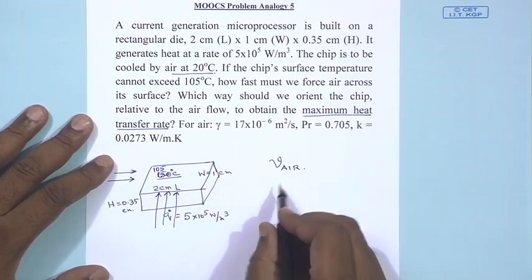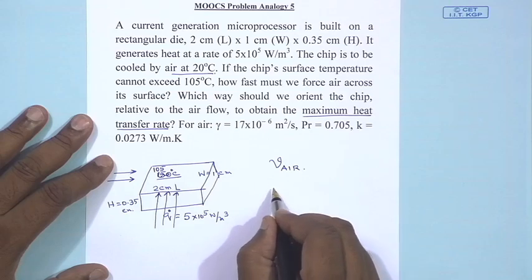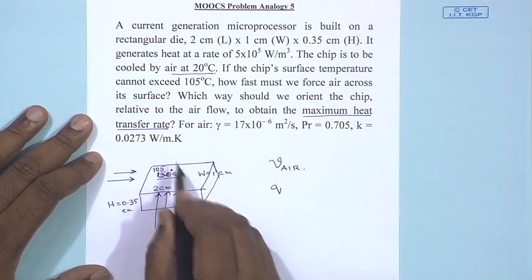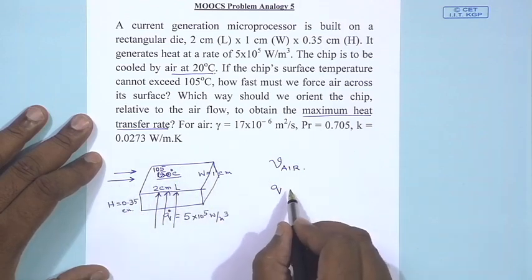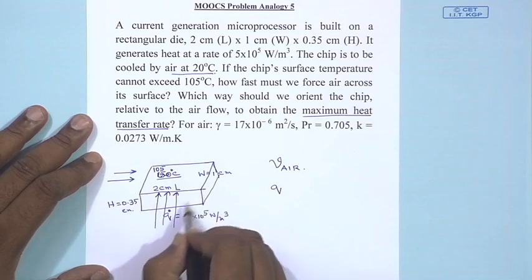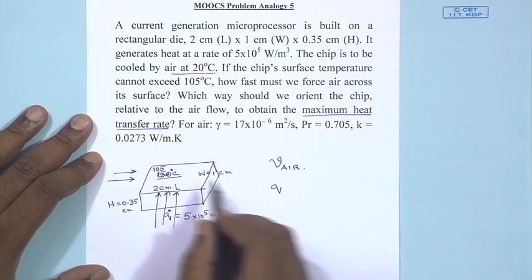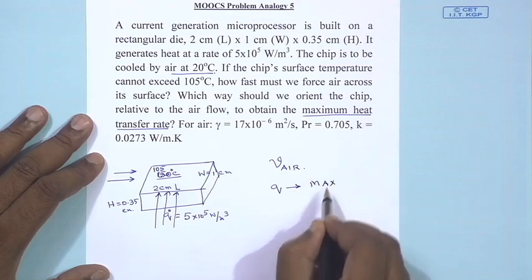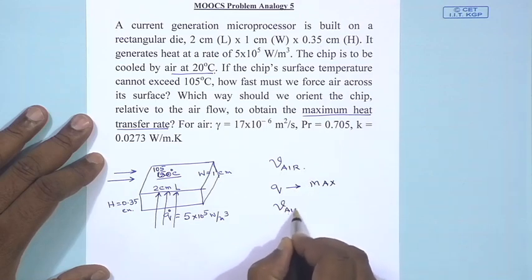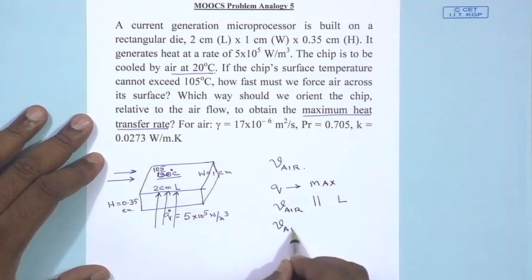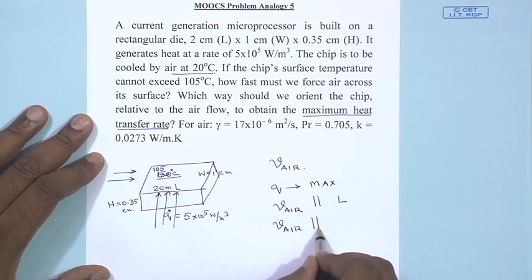So, we need to find out the heat transfer, the Q that is leaving the surface as a result of flow, and the flow, is it going to be parallel to L or is it going to be parallel to W? So, the question is Q to be max, is this V air going to be parallel to L or parallel to W?